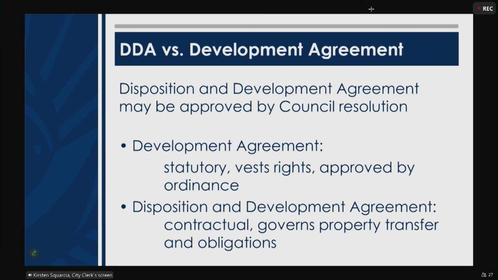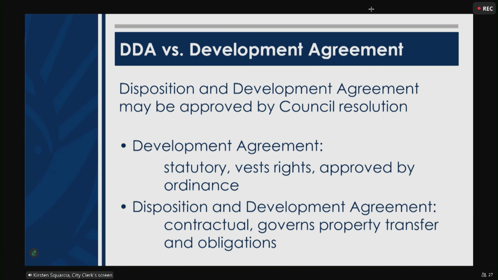Instead, it's subject to normal contract principles. Because of that, it doesn't need to meet the same rigorous requirements of a DA, which are listed in the statute. Instead, it's approved like a normal purchase and sale agreement would be, or any other contract that comes through the city. So it's subject to approval by the city council once it's brought before the council.